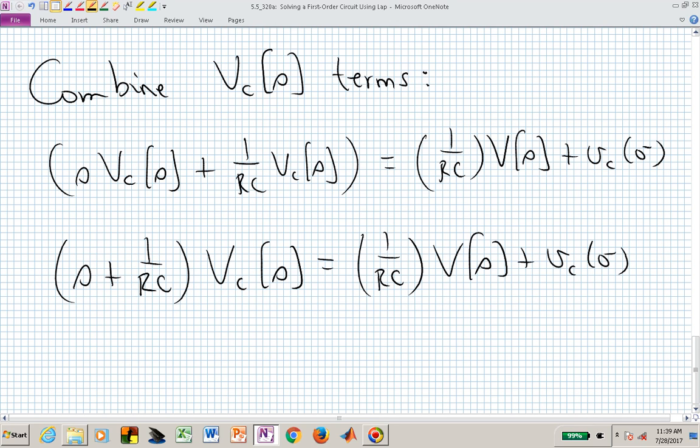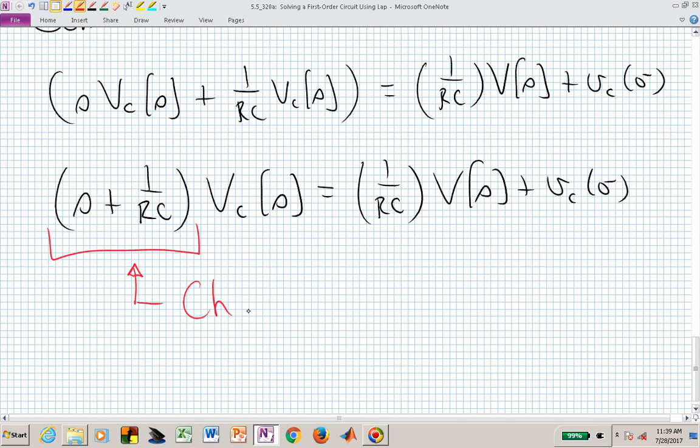V sub c of 0 minus is the initial condition on our capacitor voltage, and this polynomial that's weighting our unknown that we're trying to solve for, the capacitor voltage, gives us our system's characteristic behavior, and we call this the characteristic polynomial, because the values of s that cause that polynomial to vanish provide us with the frequencies, the complex values of s, that we naturally will see appearing from this particular system.